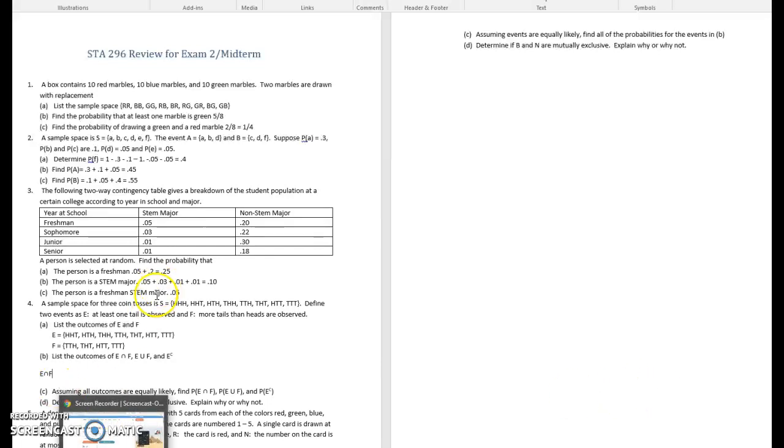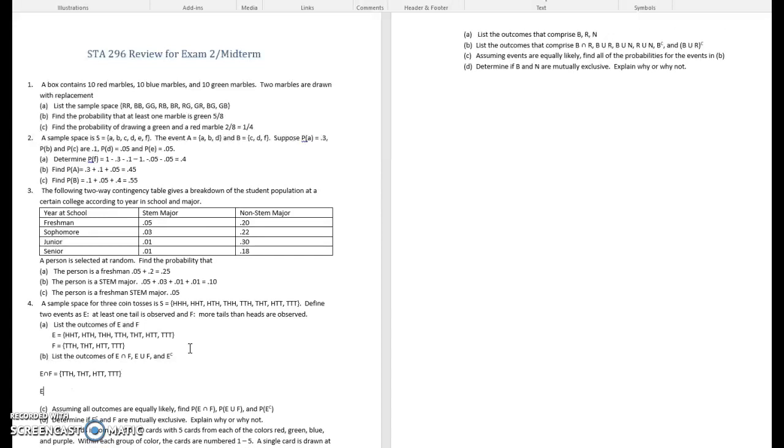So if we look up here at E and F, at the outcomes that they have in common, they really have in common everything in F. So this is everything that's in F. They both have TTH, they both have THT, they both have HTT, and they both have TTT. So E intersect F in this instance is actually F.